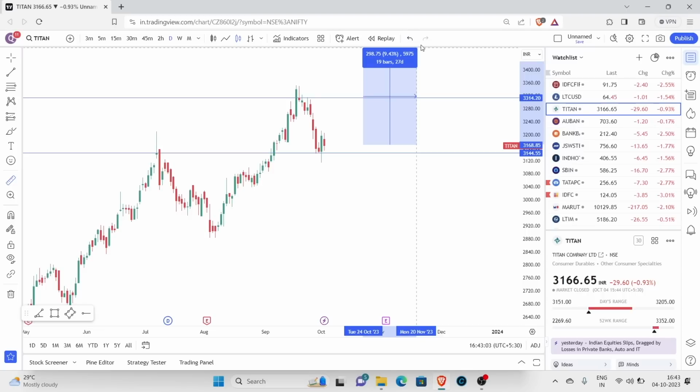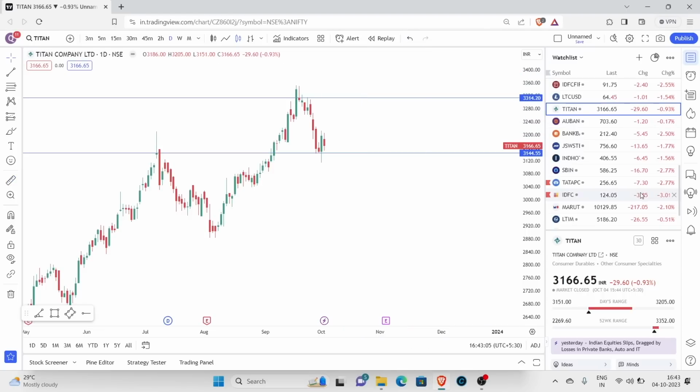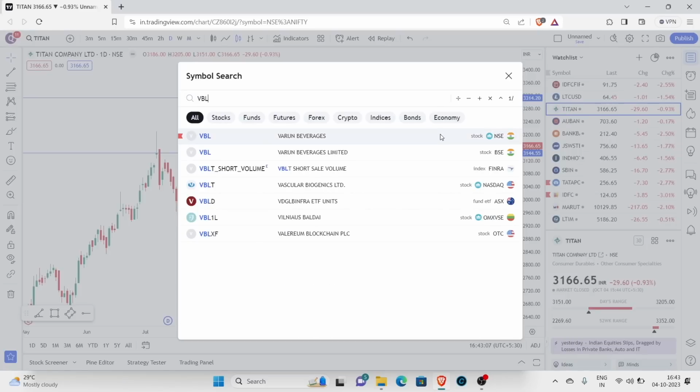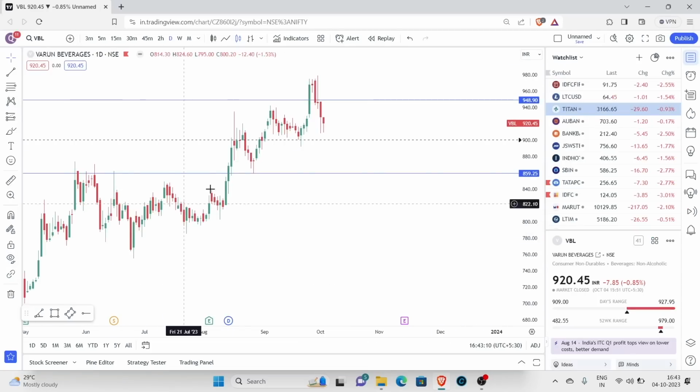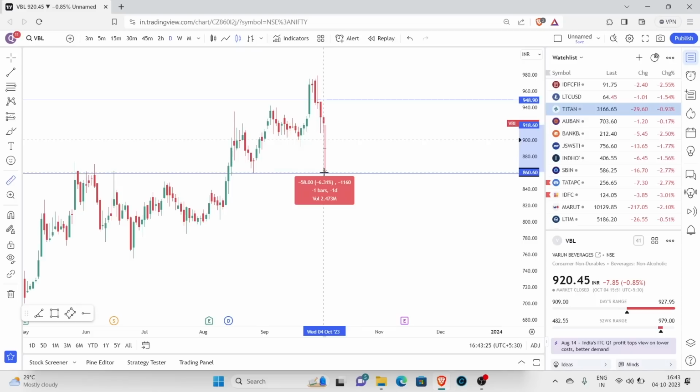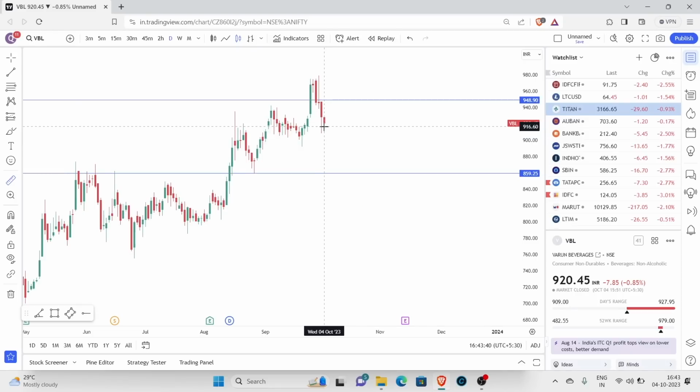And a probability of 50-50. Now similarly, when we take VBL, VBL right now, as you can see, is neither close to its support nor close to its resistance. So we can simply avoid the stock, because if I am taking a trade here, I should keep my stop loss below 850, which is 60 points.